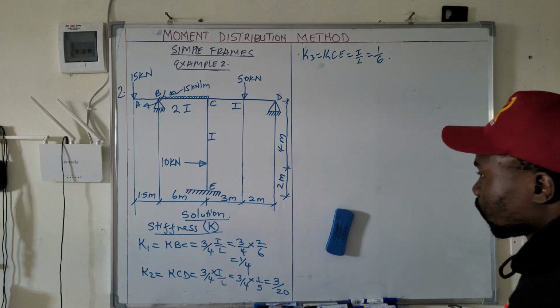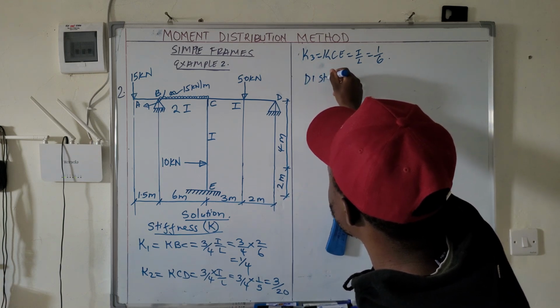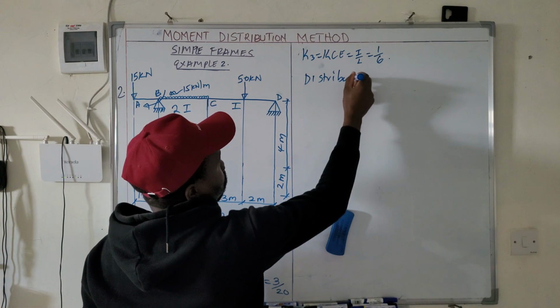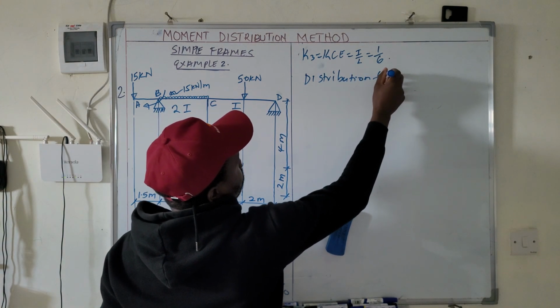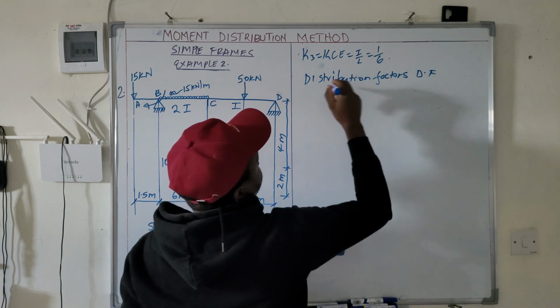After stiffness, we proceed to distribution factors, which is DF.